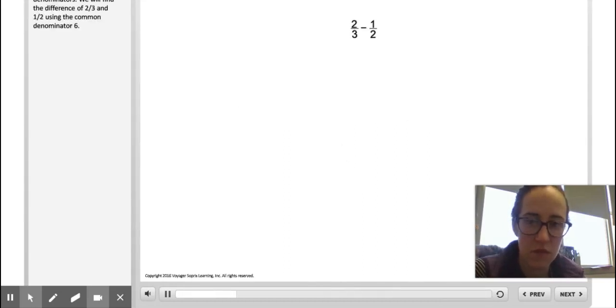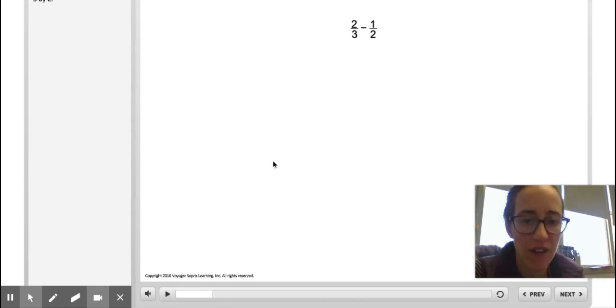We can also use this method to subtract fractions with different denominators. We will find the difference of 2/3 and 1/2 using the common denominator 6. Okay, how did we get 6? Well, if I look at 2 and 3 and try to find the first common multiple, the least common multiple, because that's the smallest one and that would be the easiest, I'm going to follow that 2 column: 2, 4, 6.